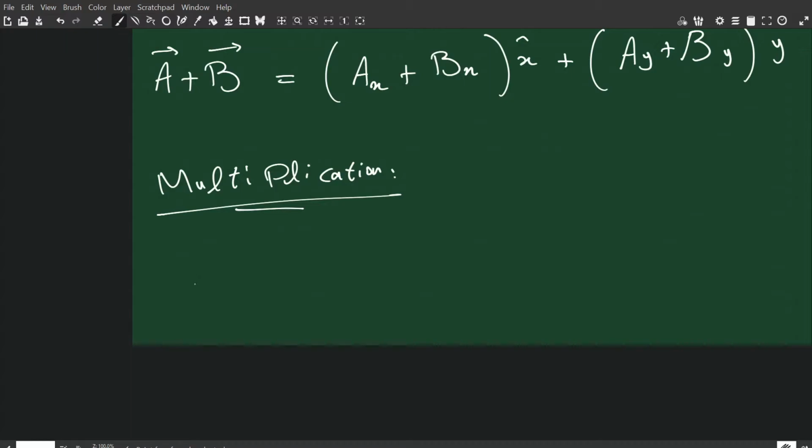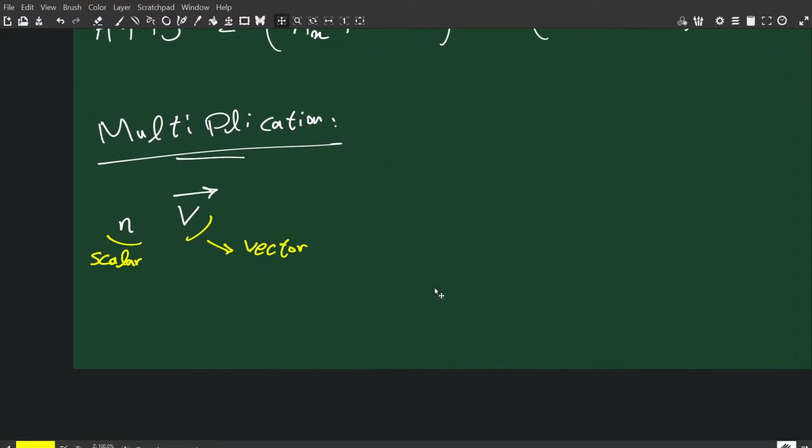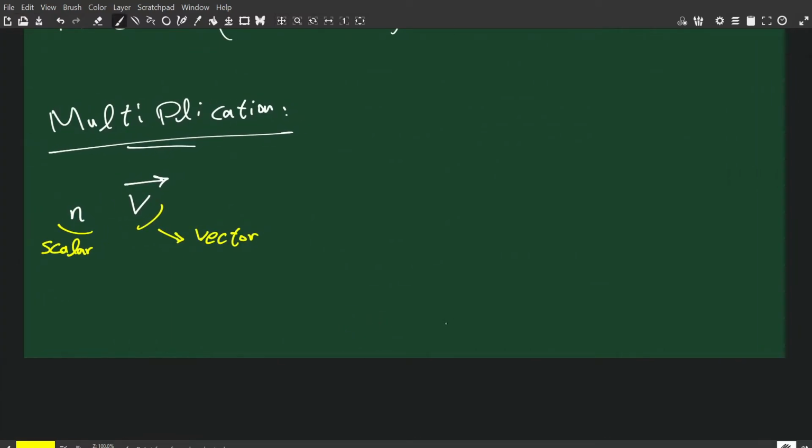The first one is a scalar times a vector. Here n is a scalar and v is a vector. So how do we calculate this? We have to define this at first.